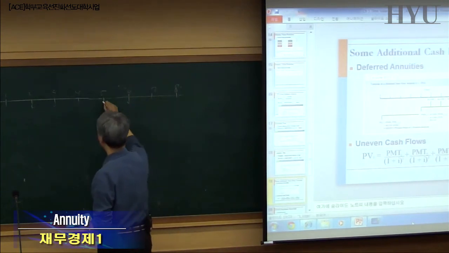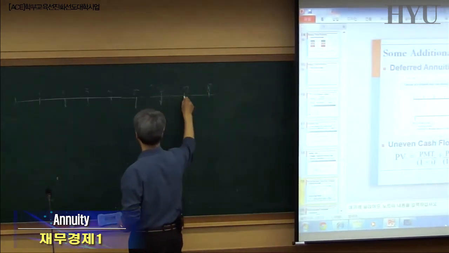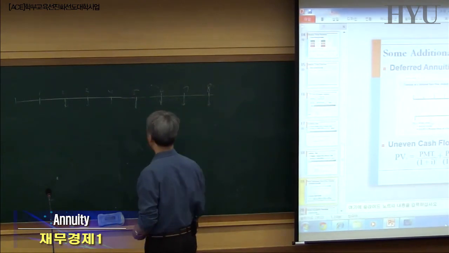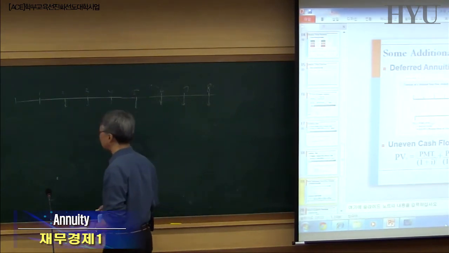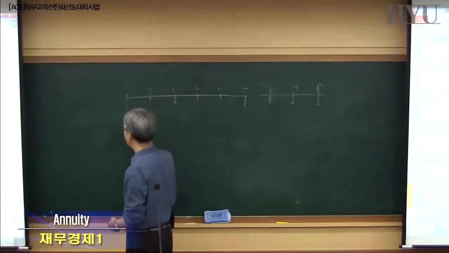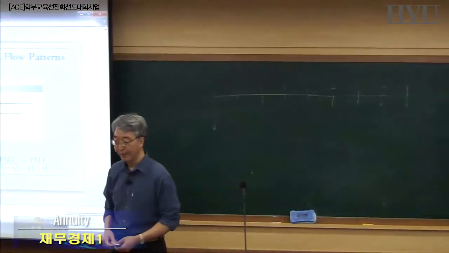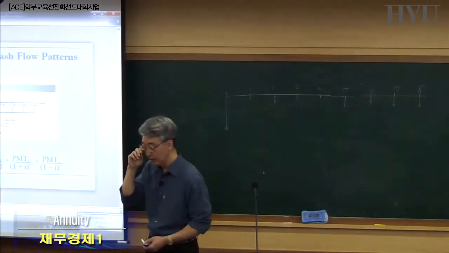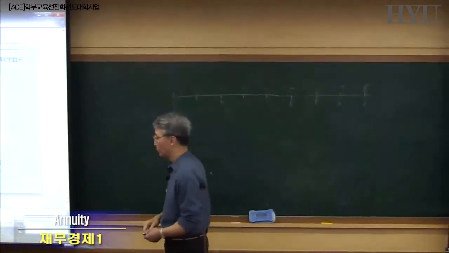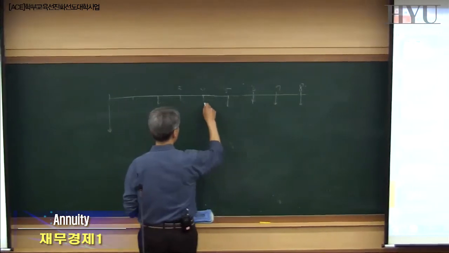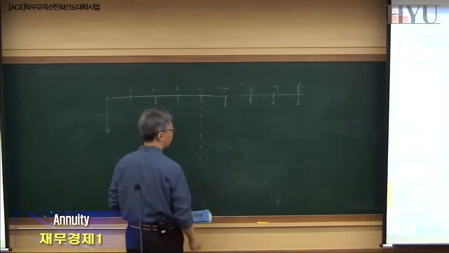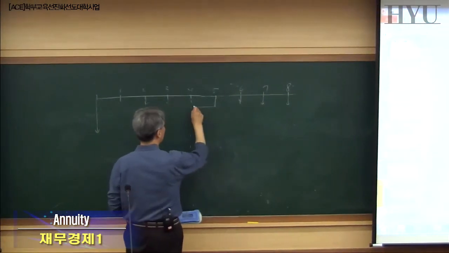There's going to be a payment of $15,000, 4 payments, right? But what's the present value of that series of cash flows as of today? How do you calculate that? You have to do 2 steps. The first step is you have to calculate the present value of annuity at this point.